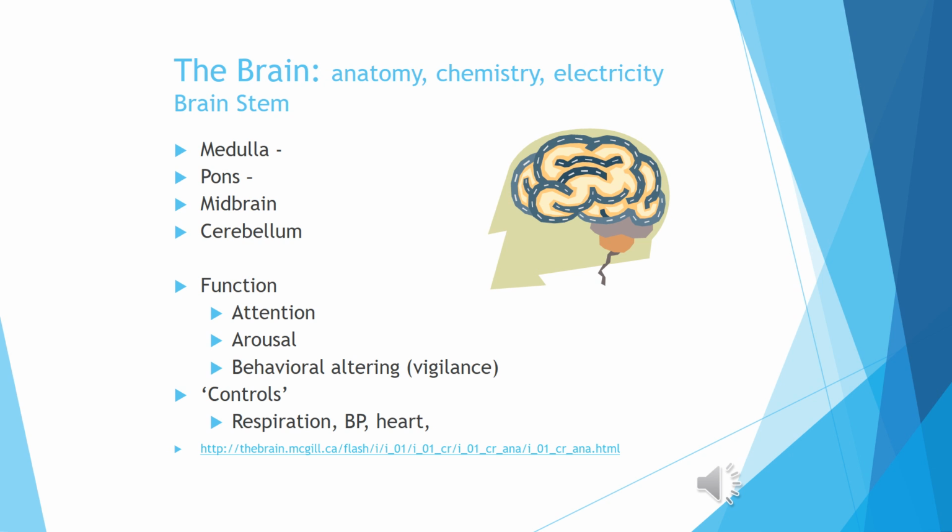And again, I invite you to look at www.thebrain.mcgill.ca and gather as much information as you can. In a few minutes, also on the next 3 slides, there will be a chance to watch a tutorial video from another source.